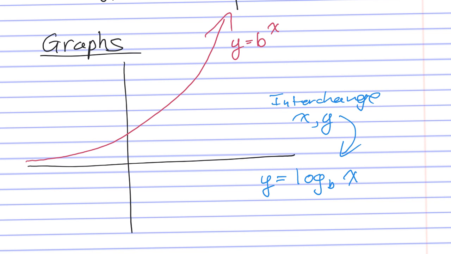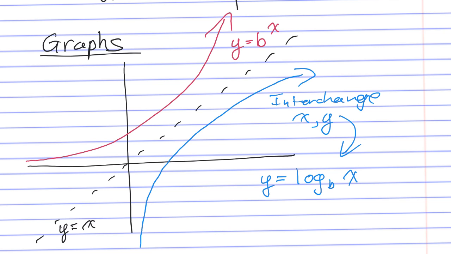That means we essentially swap our x's and y's. So our graph looks like this, and there is a reflection in y is equal to x.